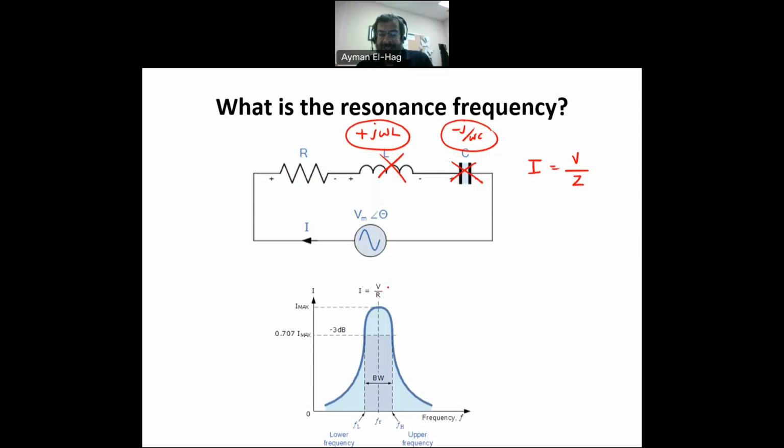So I will take this curve, where the x-axis is the frequency and the y-axis is the current, or the amplitude, or the performance of the circuit that I want to measure. I will modify it and make it related to the job.